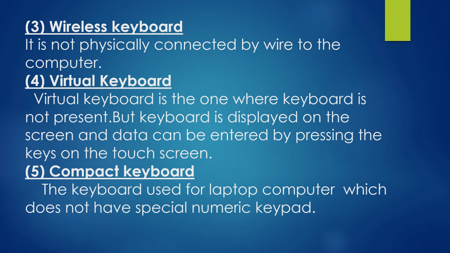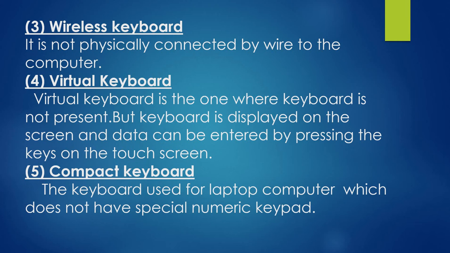Standard keyboard means QWERTY keyboard. The most common type of keyboard is the standard keyboard. Then second one, ergonomic keyboard. If you are typing with the ergonomic keyboard, you will feel very little stress on your muscles. And the third one, wireless keyboard. Wireless keyboard means there will not be any physical connection between this keyboard and the computer through a wire.